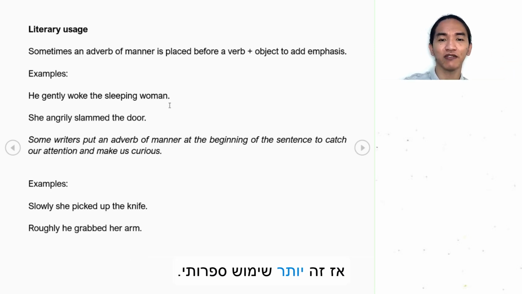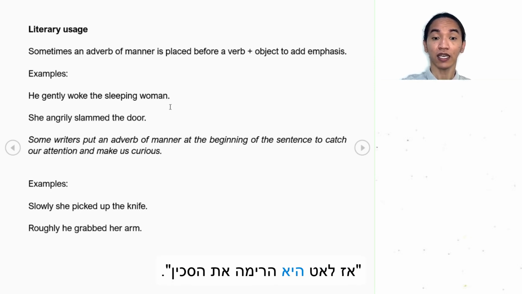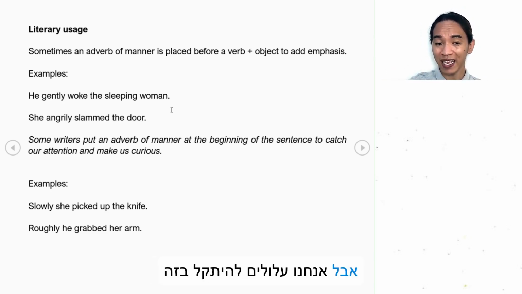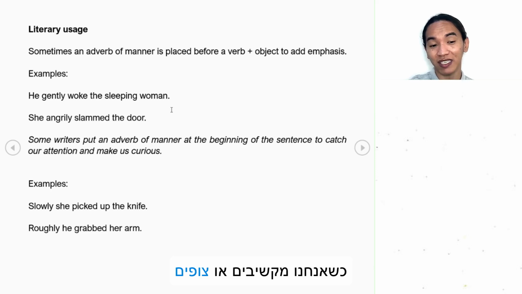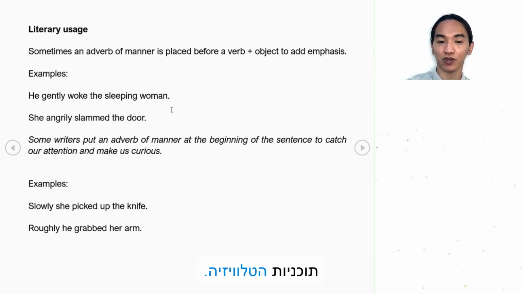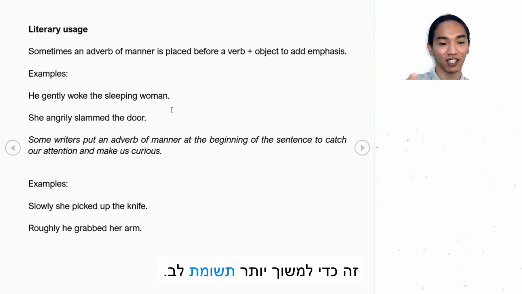So this is more on literary usage. Slowly, she picked up the knife. Roughly, he grabbed her arm. We don't really use it in speaking, but we might encounter it when we are listening or watching television or movies, your TV shows, to attract more attention.